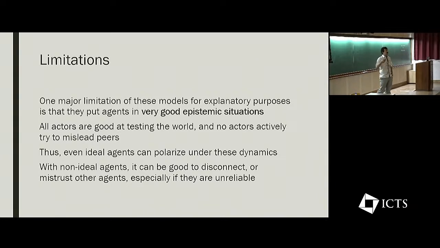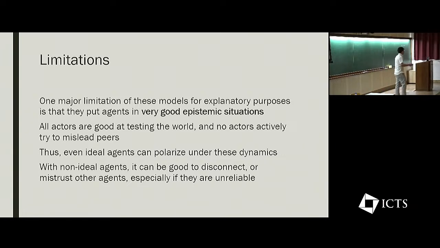Their evidence isn't reliable. They may even be biased or intentionally trying to mislead you. Under those circumstances, it may be good to disconnect or distrust. Right? And so what we're showing here is, well, under these ideal circumstances, ignoring some evidence or updating more weakly on some evidence can lead to factionalization, but it also leads to bad epistemic outcomes.